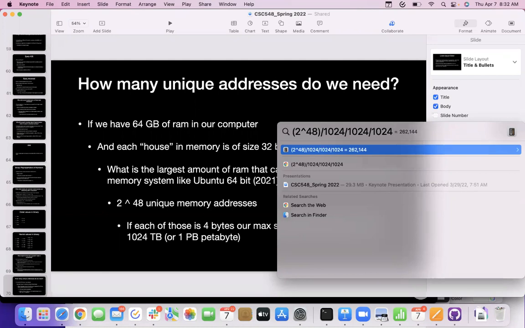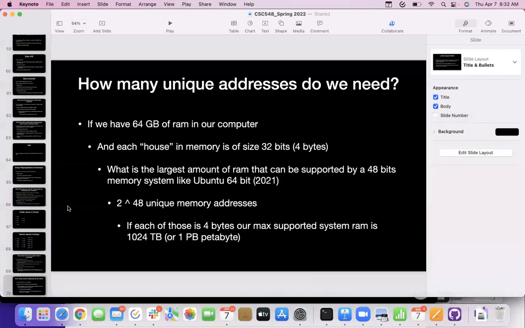We have unique addresses, with 8 bits per address, so 1 byte per address. So this is the total number of gigabytes that we can theoretically uniquely identify in 8-bit chunks.